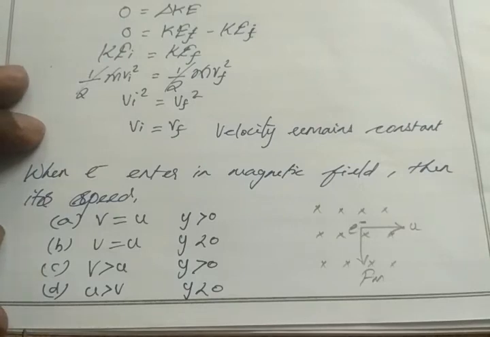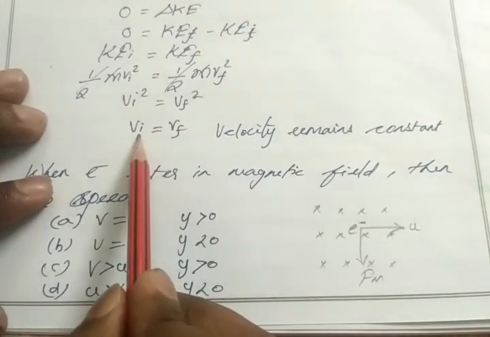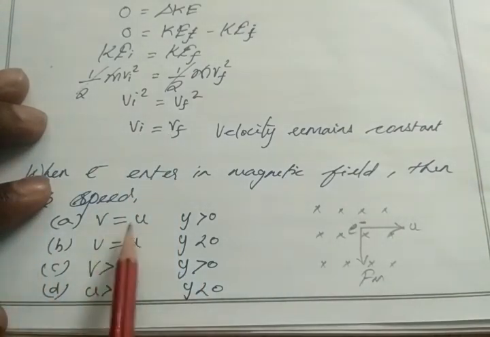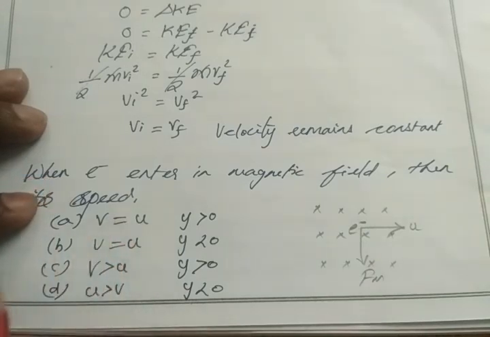As I said already, our initial speed should be equal to final speed. So I have 2 options, A and B. Among these 2, which one is correct? y greater than 0 or y less than 0?